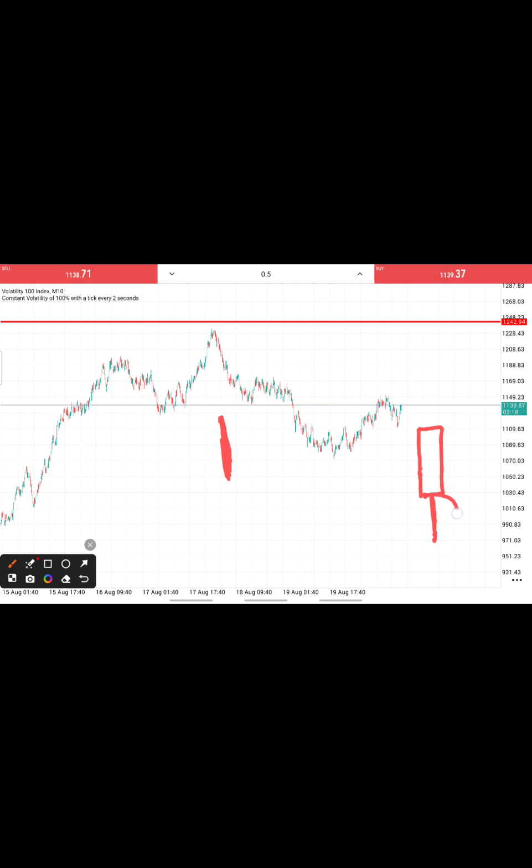So here simply means that there is a reversal, meaning that the sellers, this is red. The seller was dominating, and then you now see something like this, and then buyers started gaining.